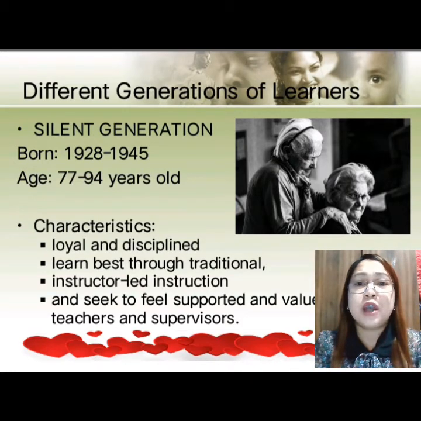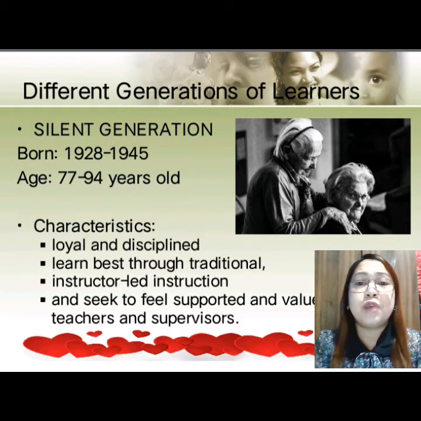Generally, six generations may be participating in today's educational classrooms, which are the silent generation, baby boomers, Generation X, the millennials or Gen Y, Generation Z, and the youngest generation, which is Generation Alpha.